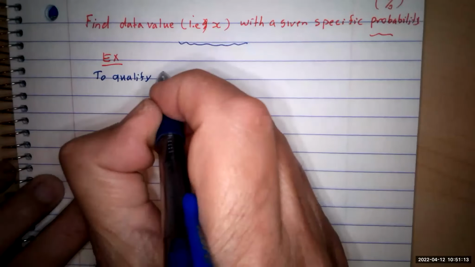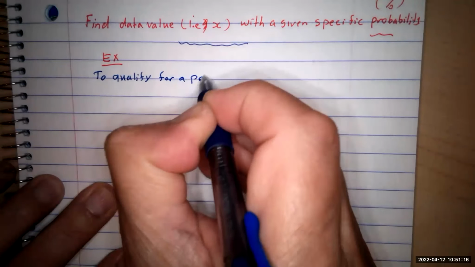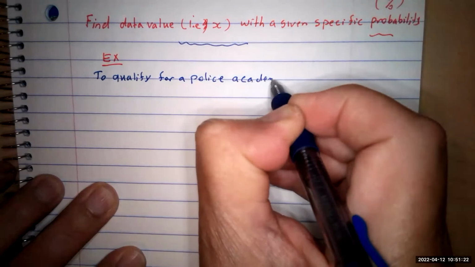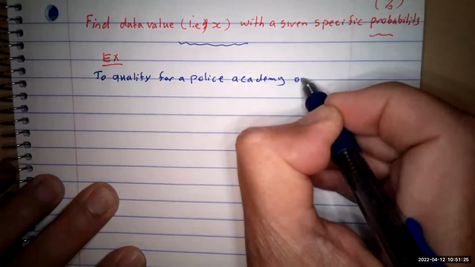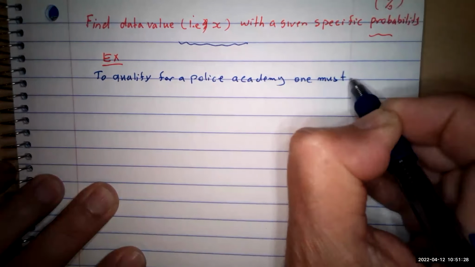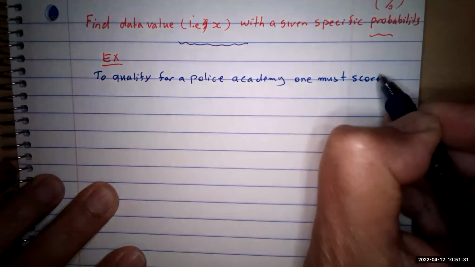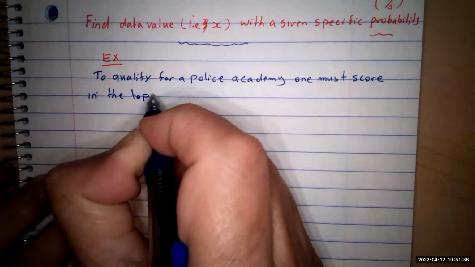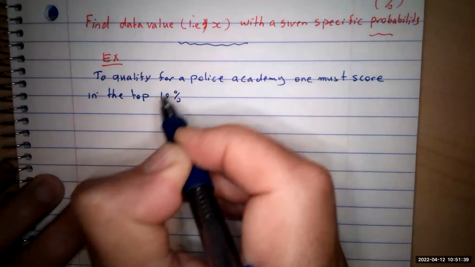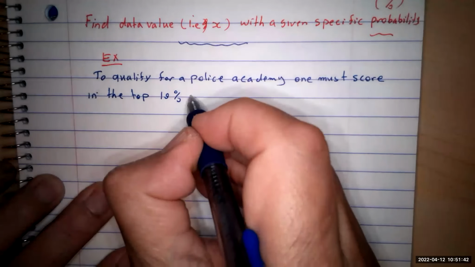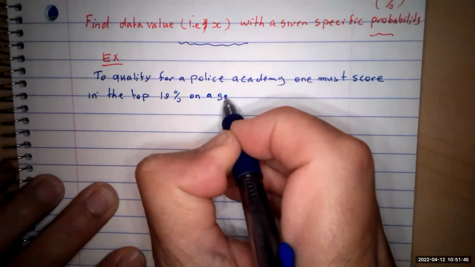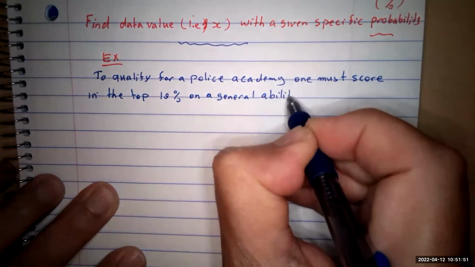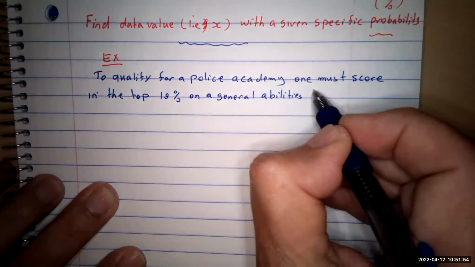To qualify for a police academy, one must score in the top 10% on a training test, or general abilities test.